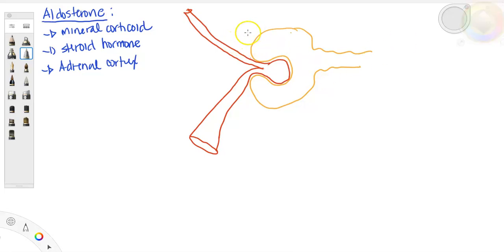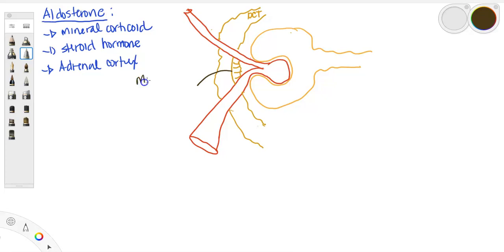And let's go ahead and add our distal convoluted tubule. And we remember at the distal convoluted tubule, we've got a set of cells here. These cells are called macula densa cells.